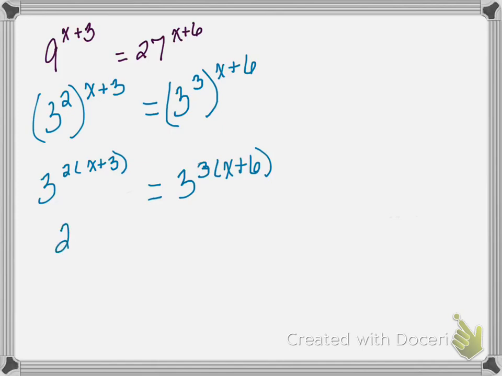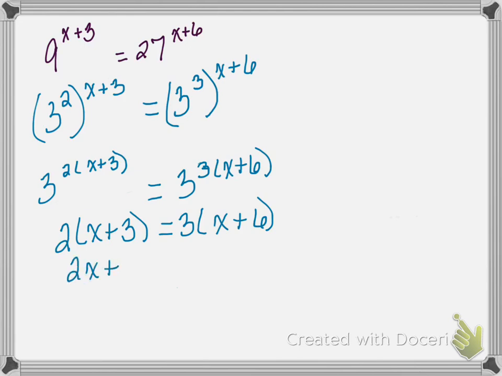So I have 2 times x plus 3 equals 3 times x plus 6. So 2x plus 6 equals 3x plus 18.